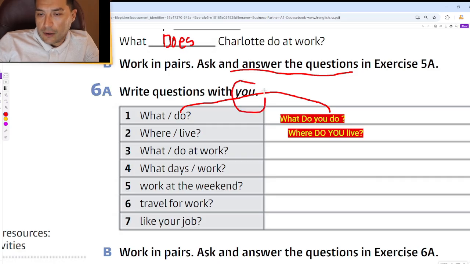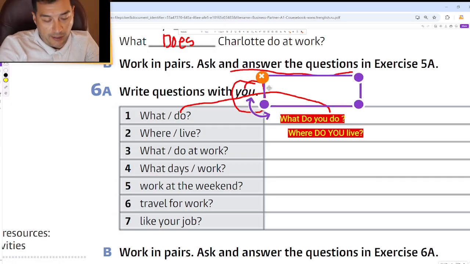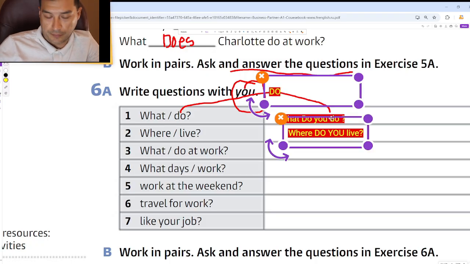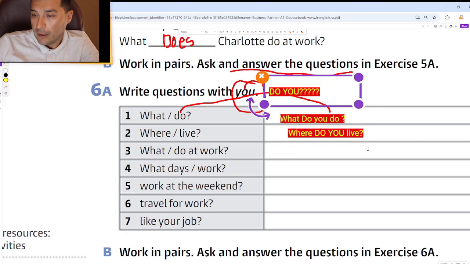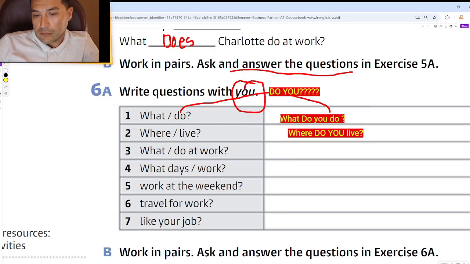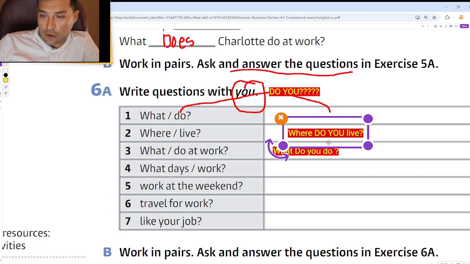They said questions with you. And for questions, we need do, always. Do you? Number 3, what? Oh, again, the verb is do. So, same thing. What do you do at work?